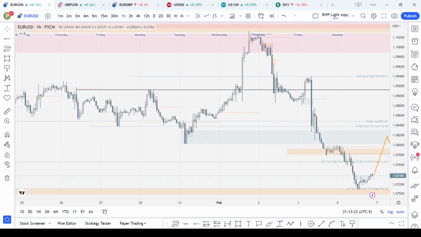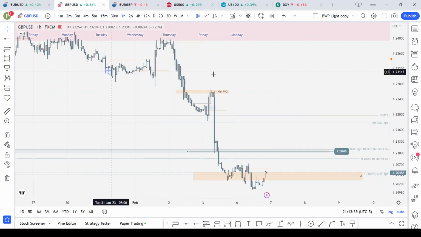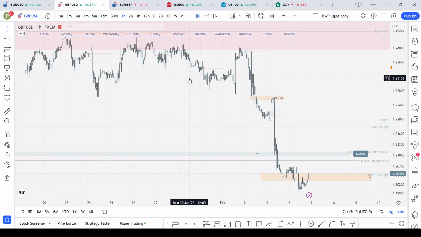Should we take a look at GU? Okay, so let's take a look at GU price action. GU has been really crazy.